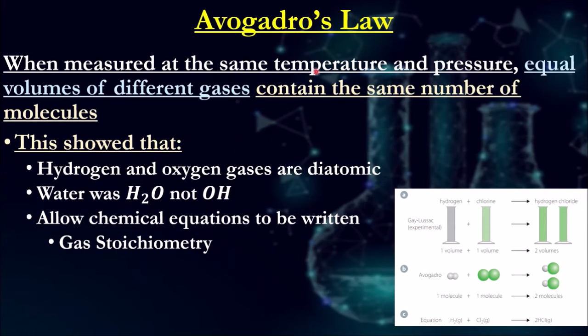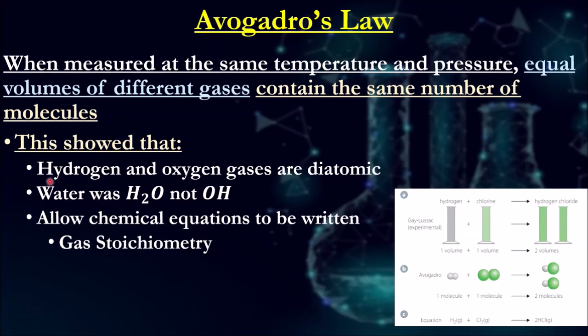Again, this only holds true when he was doing his experiment at the same temperature and pressure, with equal volumes of different gases. So if he was using 500 milliliters of hydrogen, he was using 500 milliliters of chlorine. That's also how we can ensure it's a valid experiment.